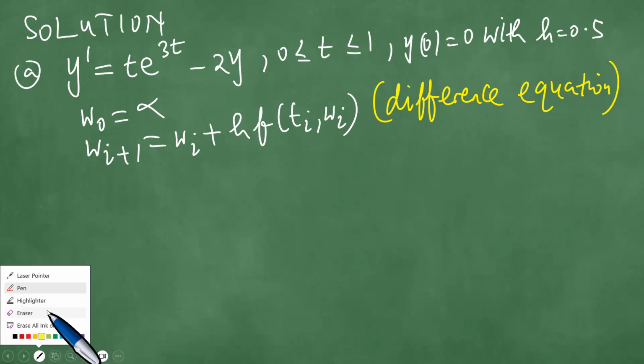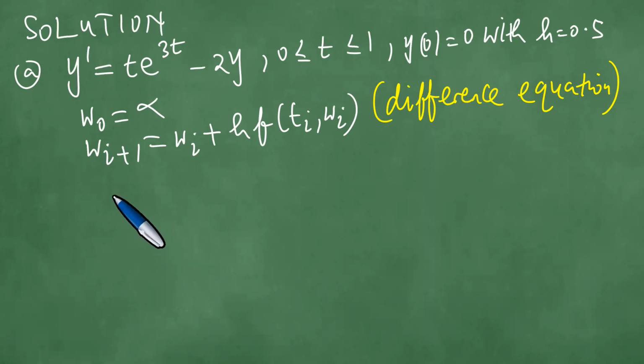How do we solve this? We solve by using the steps we used before. For example, what is w0? We saw that w0 is the same as y0, and y0 is 0 in this question. If you can tabulate these values, you can put them in a table.